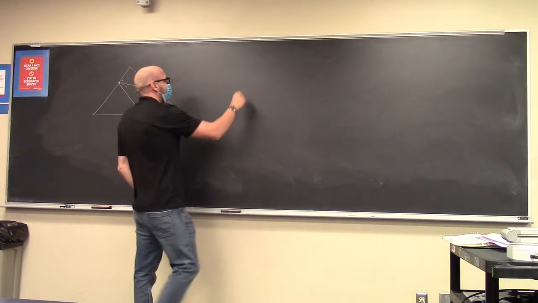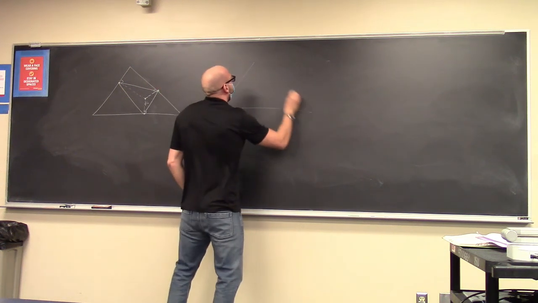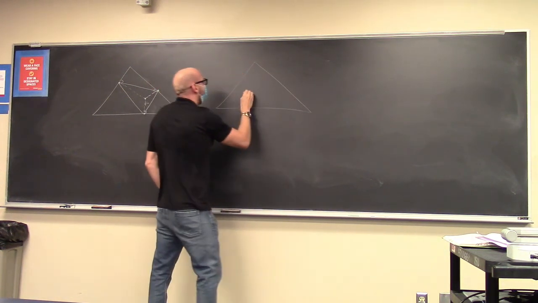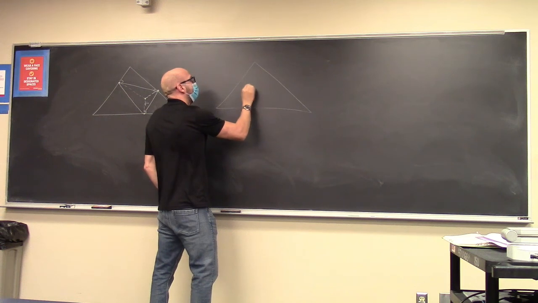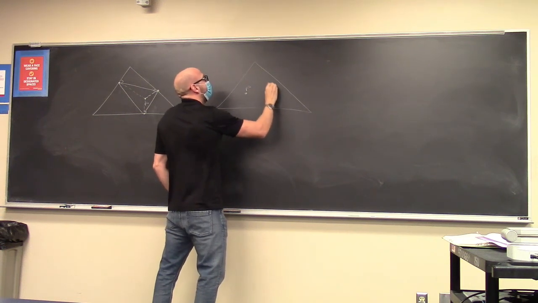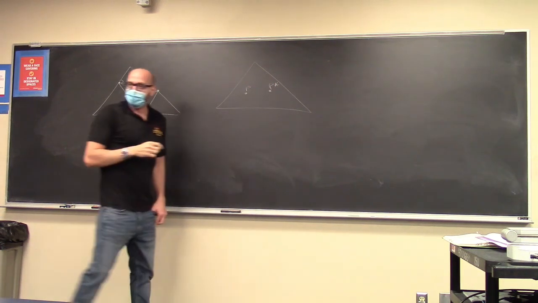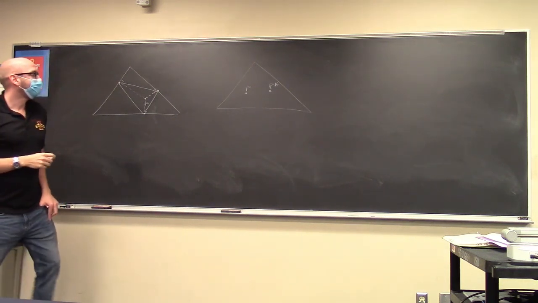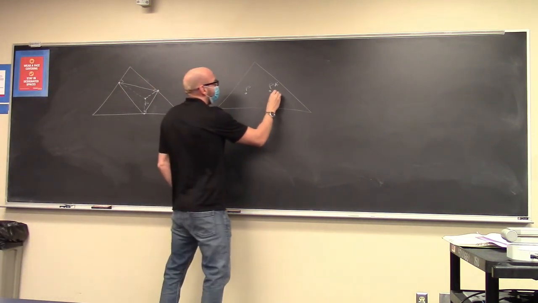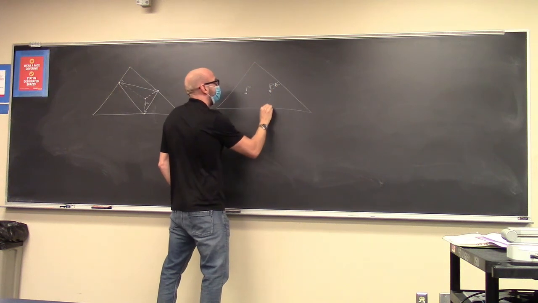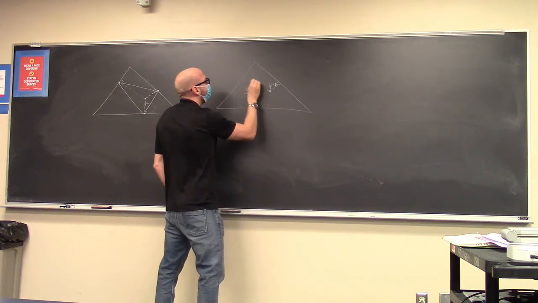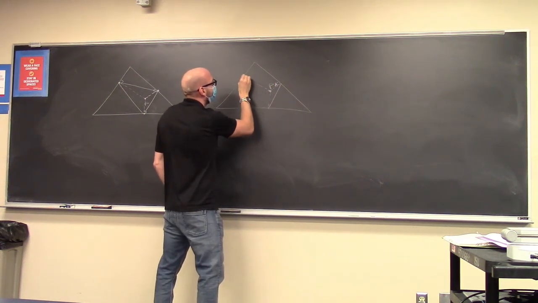So it turns out this is true. It turns out that if you take a point P and its isogonal conjugate, and you build the pedal triangles for both of them.